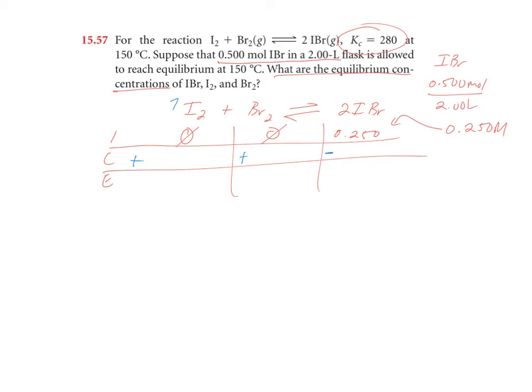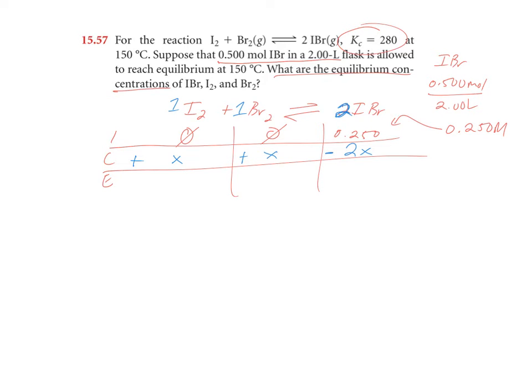Since the reactants are 1 to 1 and the product is a 2 here, that is the ratio in which they will change. So we use the variable 1x. For I2, it's going to increase by that amount. And since Br2 also has a 1, it's going to increase by 1x. And since it's a 1 to 1 to 2 ratio, IBr is going to decrease by 2x, double the amount of the others.